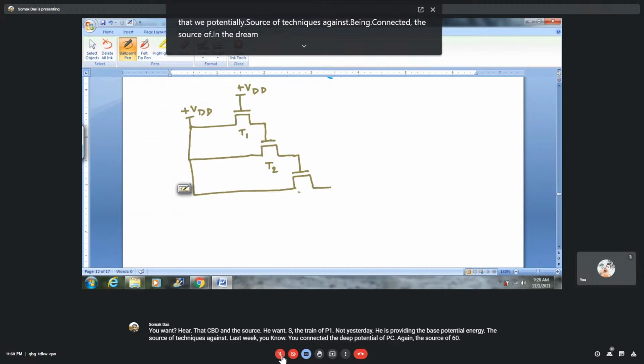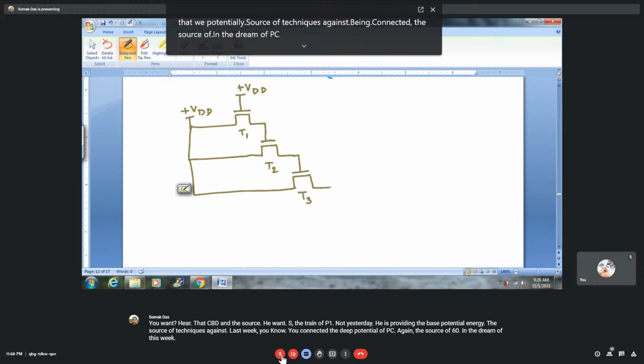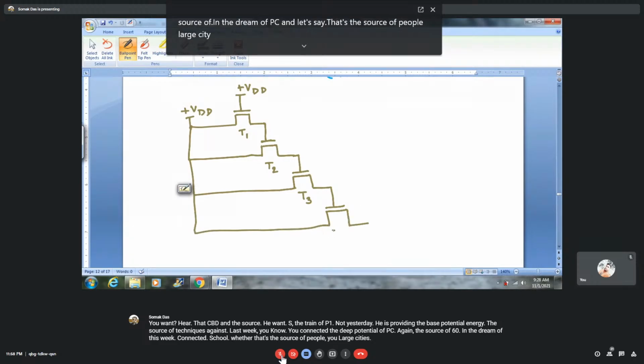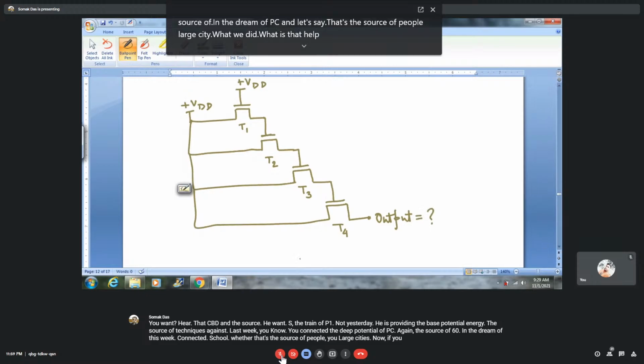Again, the drain of T3 is connected as the gate potential of T4, whereas the source of T4 remains the same, plus VDD. Now, if this is the output, what will be the output potential? So, what is the output potential for this cell?